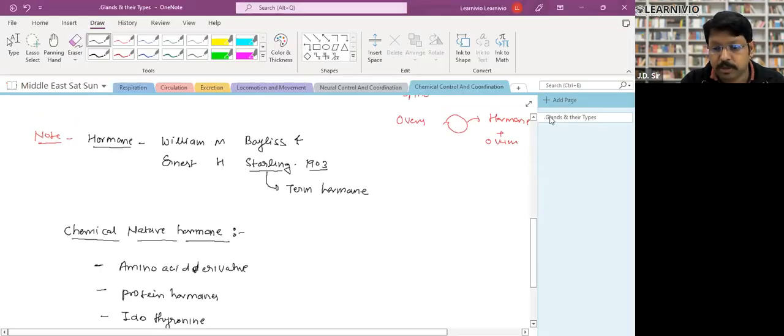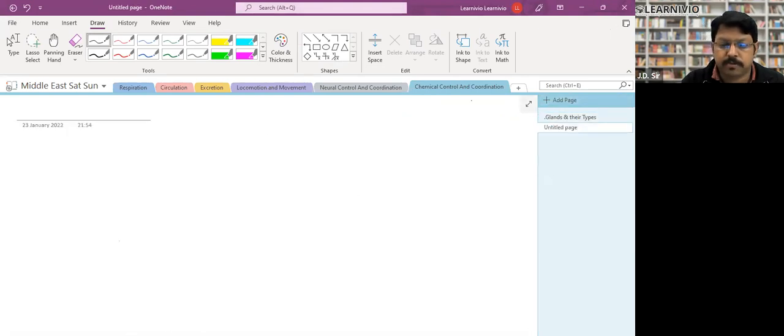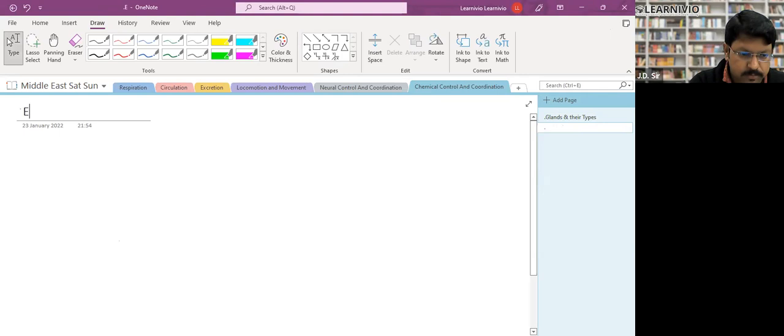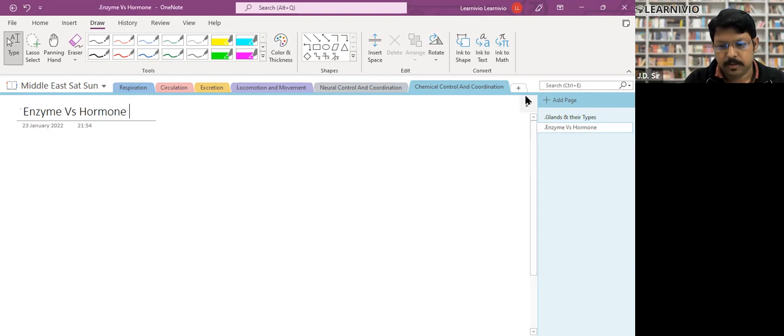Please jot down four or five differences. Enzyme versus hormone.